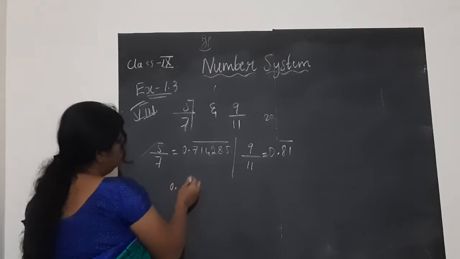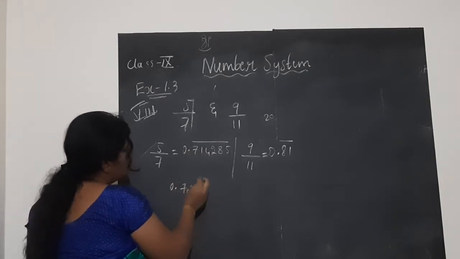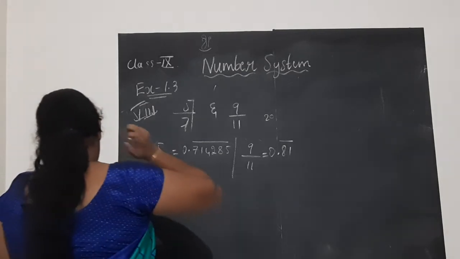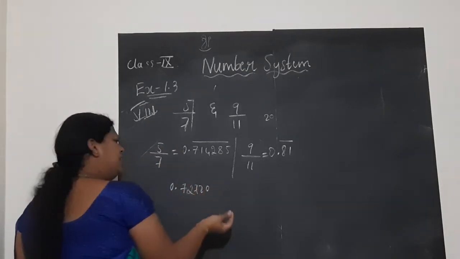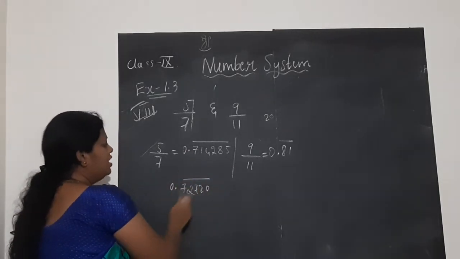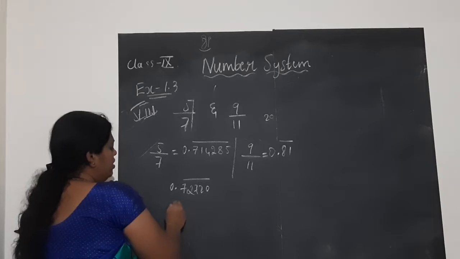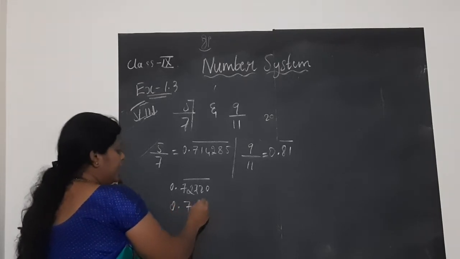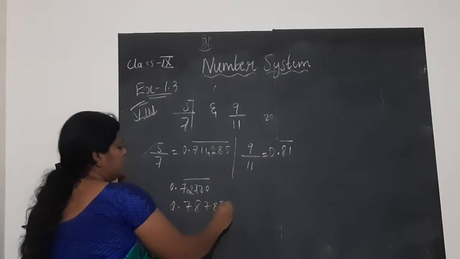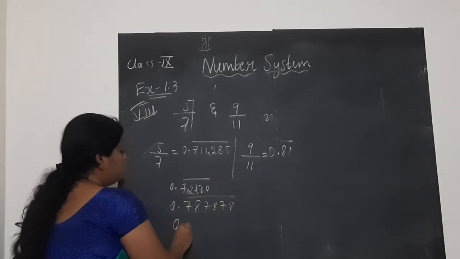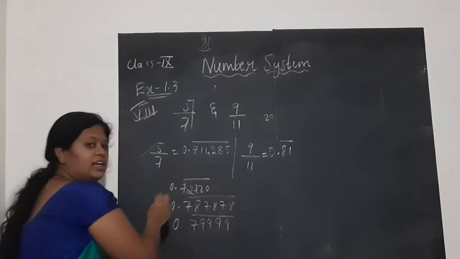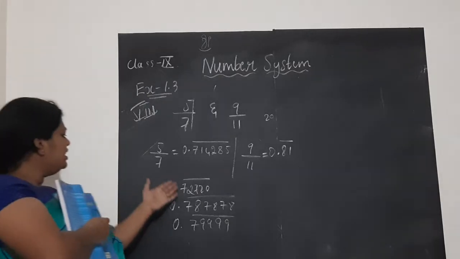Maybe like 0.71 is already there, so 0.72, 0.720, any number you can choose, but it should be more than 0.71 and less than 0.8. One more, I will choose 0.78, I can also take. Why? It is still less than 0.8. 0.78, 78, 78 bar. Or I can almost touch 0.8, like 0.7999, like this. Any 3. I wrote these 3.